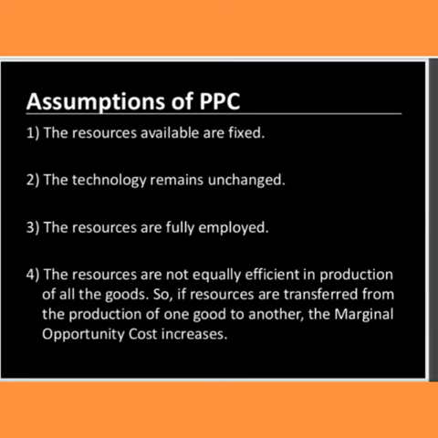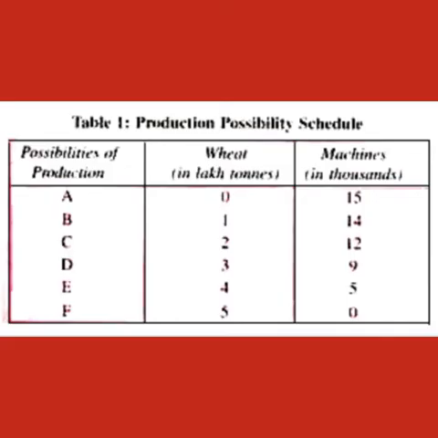And in this production possibility curve, this is the schedule to draw the production possibility curve. Here they take into account the two goods, wheat and machines. That is the production possibilities. And we know that the resources are limited in supply.